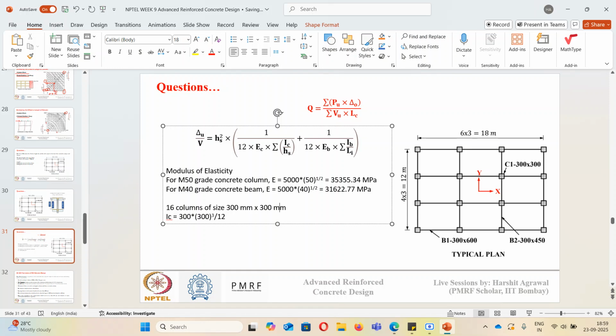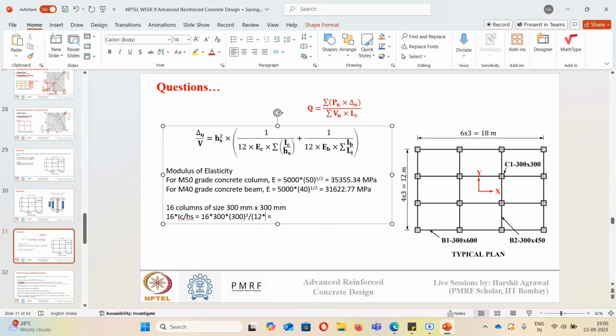So total summation IC will be 16 times this. So 16 times 300 cross 300 cube by 12. And since we need to calculate IC by SH, I will divide by HS also. So 300 into 16 into 300 into 300 cube by 12, and 12 multiplied by HS.